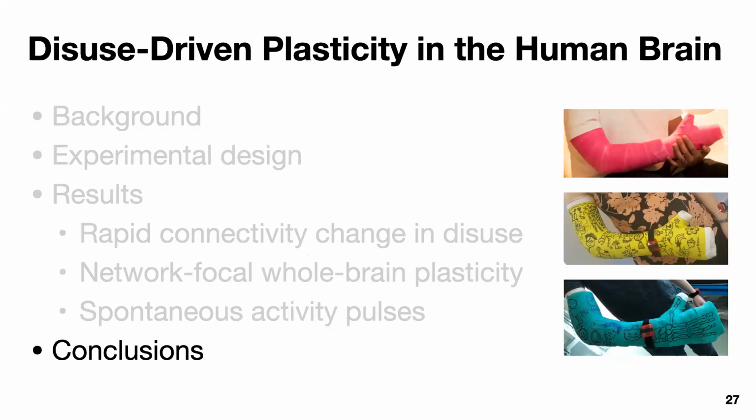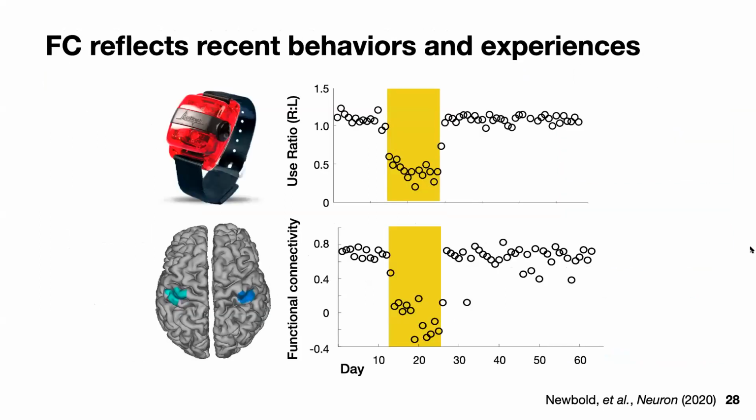All right, so now let's talk about what all this means. Our first big conclusion from this study is that functional connectivity is highly related to a person's most recent behaviors and experiences. This was a surprise for us because, as I said, we were expecting that behavior had an impact on functional connectivity, but we thought that impact was averaged over very long periods of time.